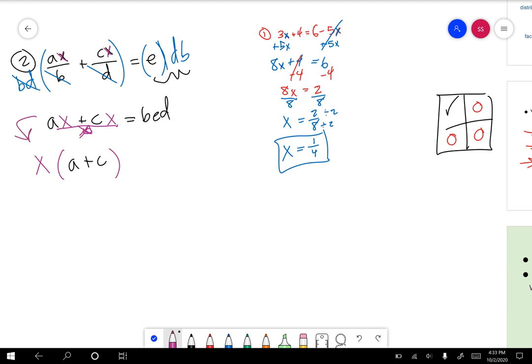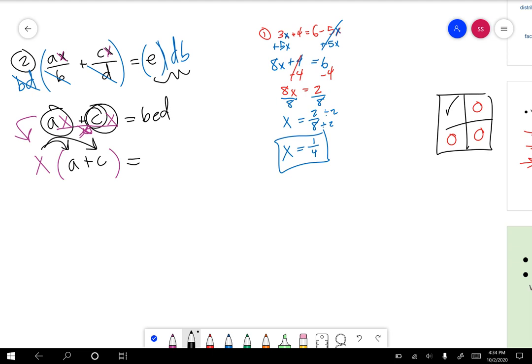And if you're like, that doesn't make sense, well, if we redistributed that x, we would have x times a, which is ax, and then x times c, which is cx. So that's how we got that. Again, with factoring, you're basically looking for the common term and dividing by that term.